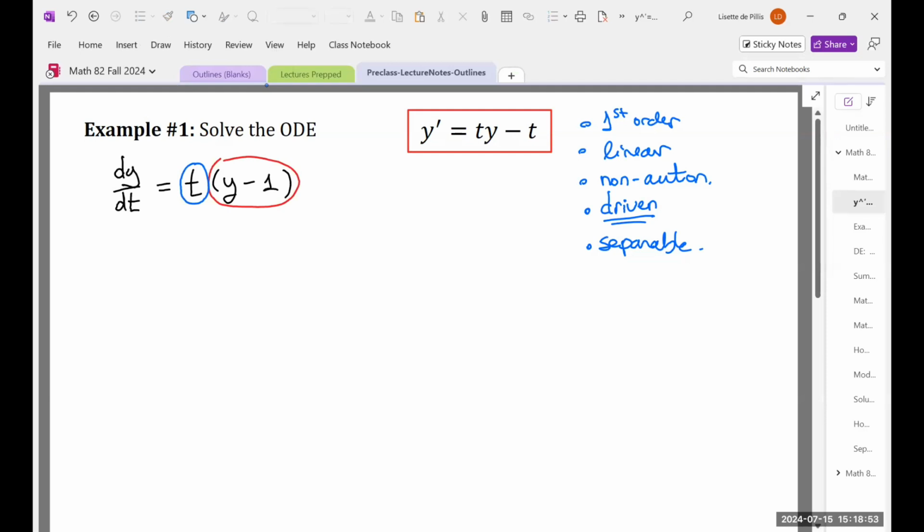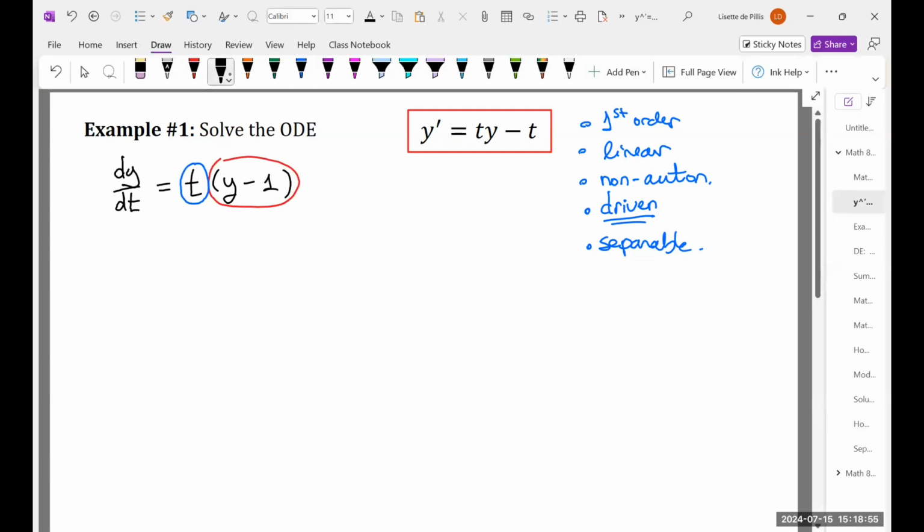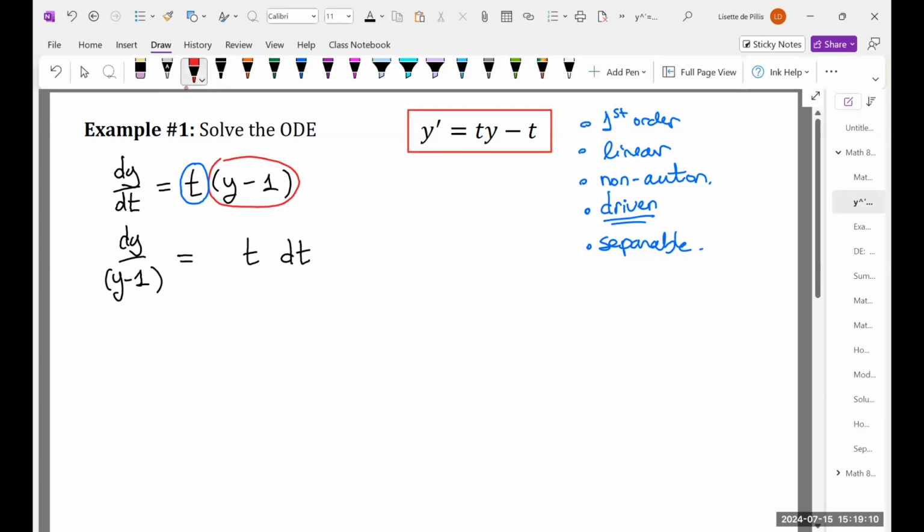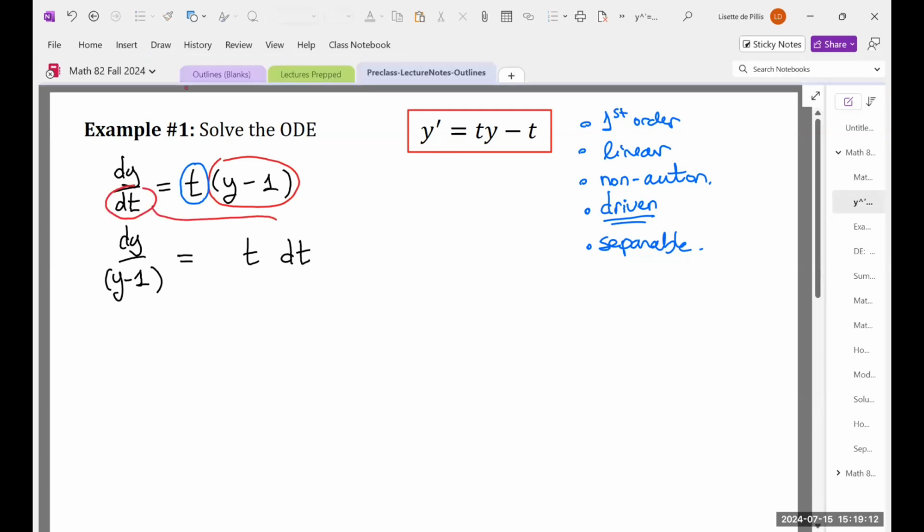So in fact, what this turns into is dy over y minus 1 equals t dt. So I've taken this dt and moved it over here. Pardon me, I misspoke before. And I've taken this y minus 1 and moved it down here.